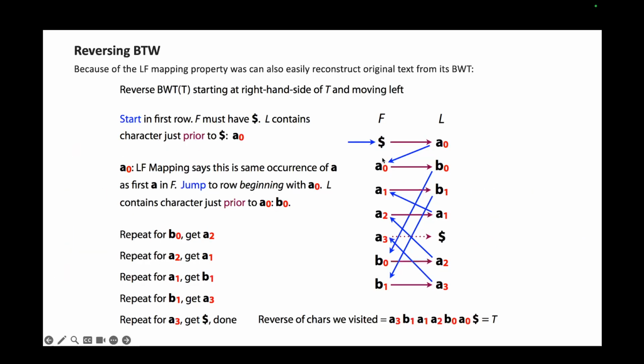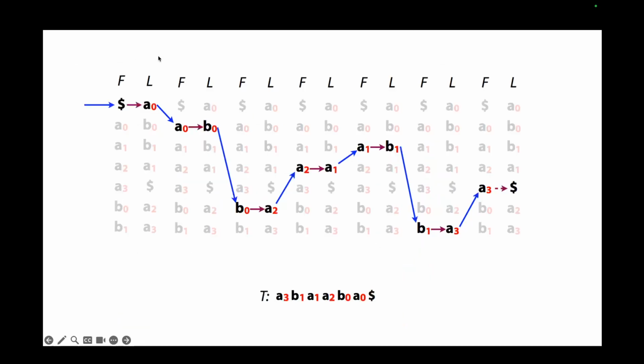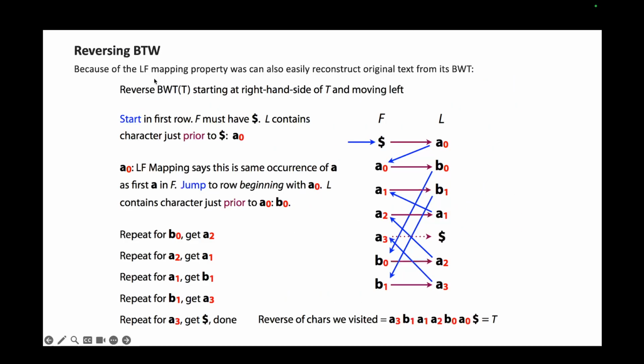Now let's see how we can reverse this BWT, right? Because of the LF mapping property, we can also easily reconstruct the original text from the BWT. So this is your BWT last column, and this is your BWT first column.